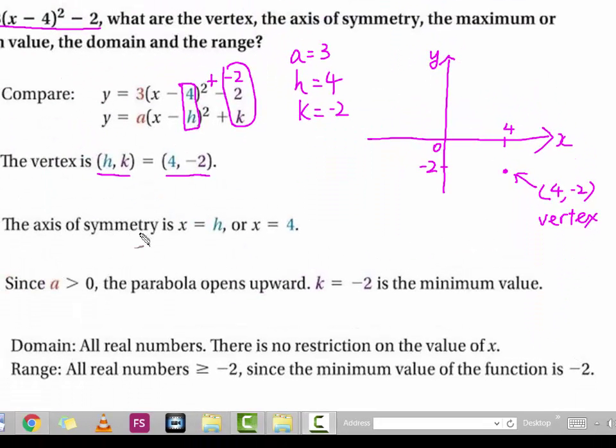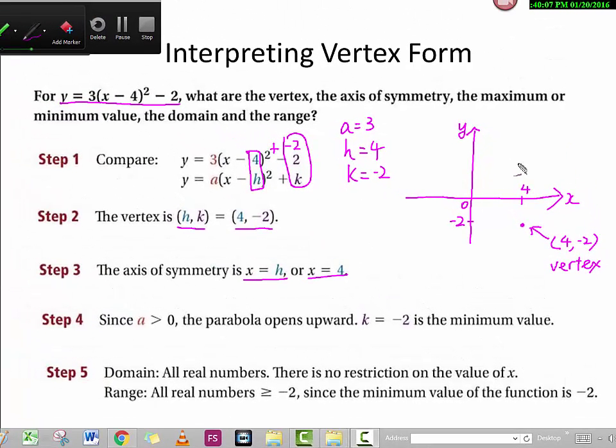The next thing we know, the line of symmetry, the axis of symmetry, is x equal to 4. So we know the axis of symmetry is right here. This is the axis of symmetry, which is x equal to 4.